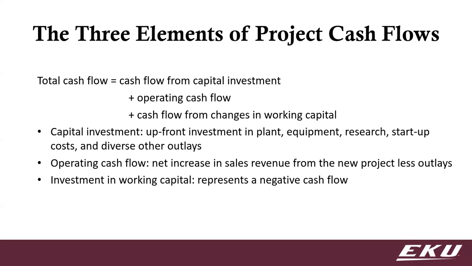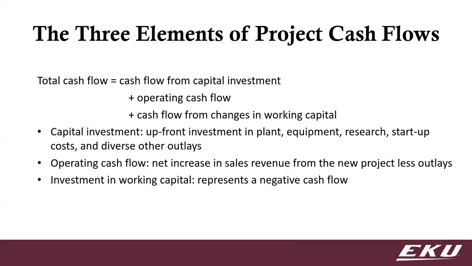So if you are adding this new widget that you're selling, you're going to have to pay up front to start acquiring that. So either you're researching how to make it and buying the equipment to do it, or you found somebody to supply you with what you need. But all of those expenses are that capital investment up front.